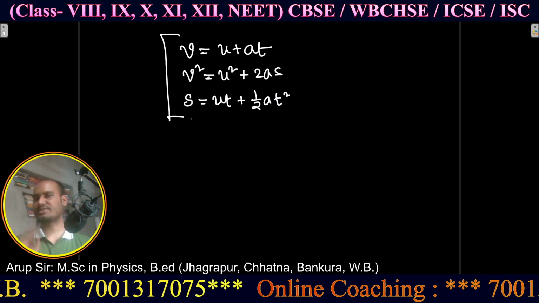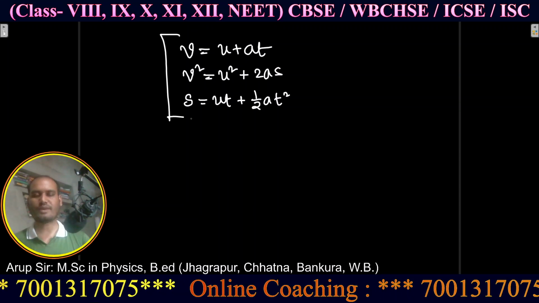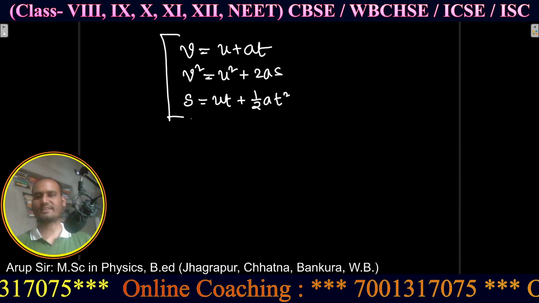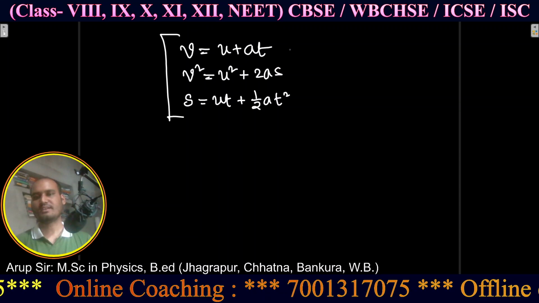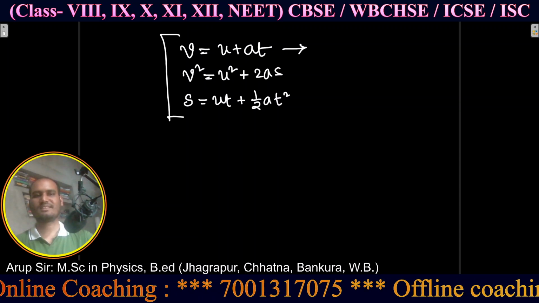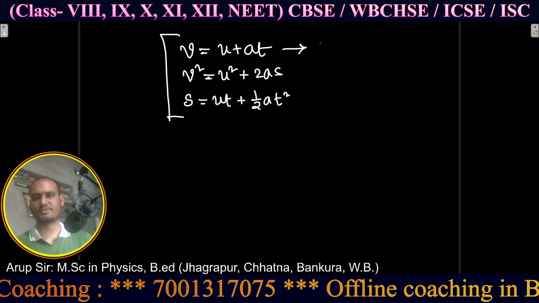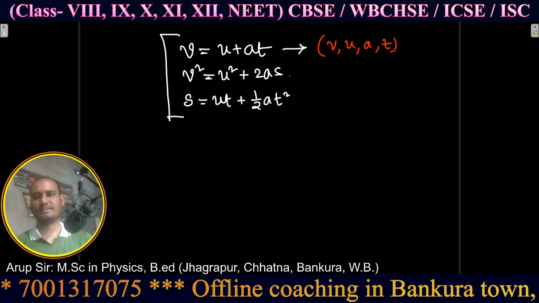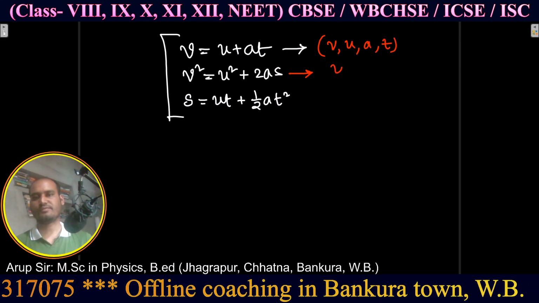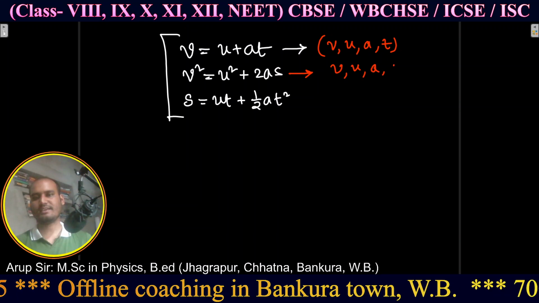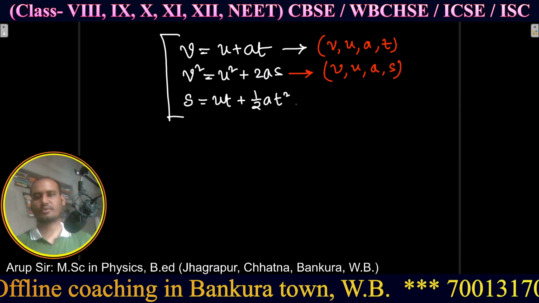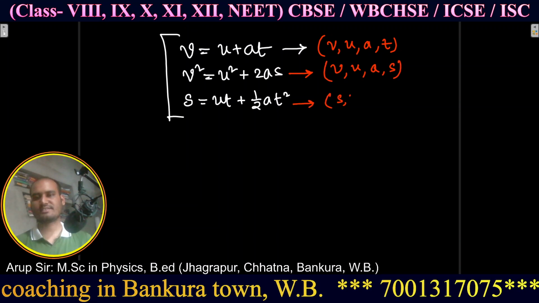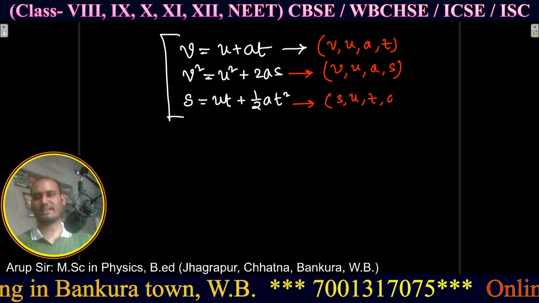One interesting thing is there. What is that thing? You can see for the first formula there are total 4 parameters: v, u, a, t. In the second also v, u, a, s. Only 4 parameters. Here also s, u, t and a.